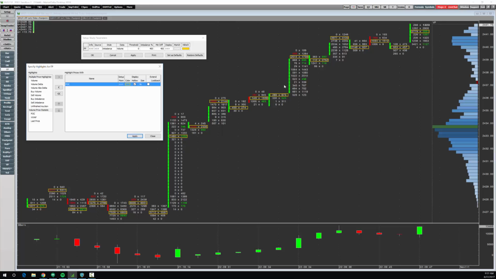There's only one in each. That is the point of control, or the high volume level within the bar. This is a very nice thing to have on the chart because it's showing you migration of volume. Is more and more volume coming in at higher and higher prices or lower and lower prices? That's how you would add that.